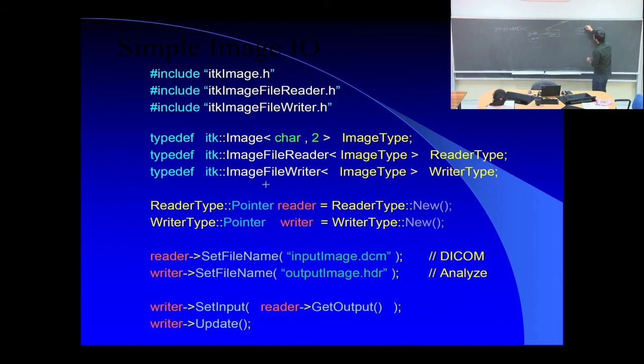You use the method set file name. Different methods, this is from this one, this is from the other one, although they're called the same. And I call it output.hdr, or you can call it whatever you want. That will be the file that is going to be saved.